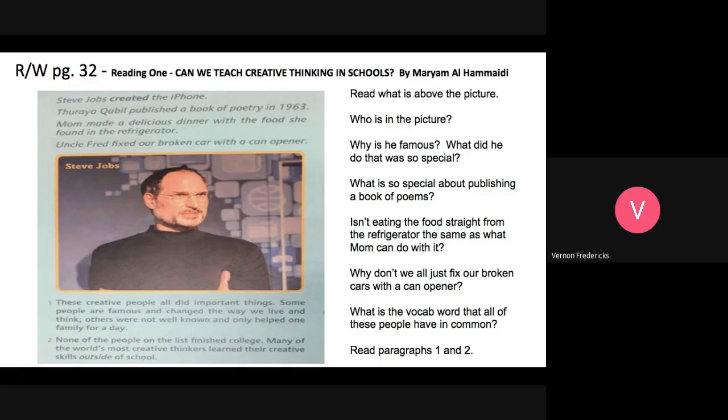Okay. The last question is, what is the vocab word that all of these people have in common? What do you think is the vocab word that all of them have the same of? Can anybody remember?